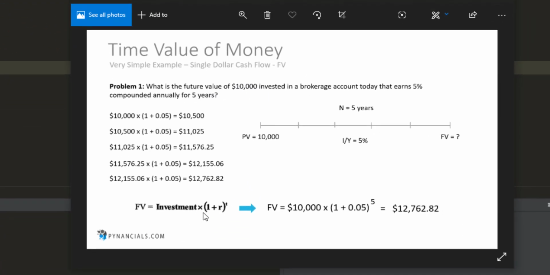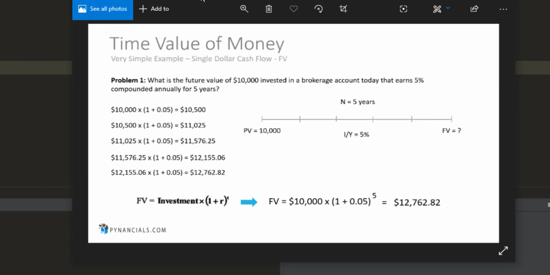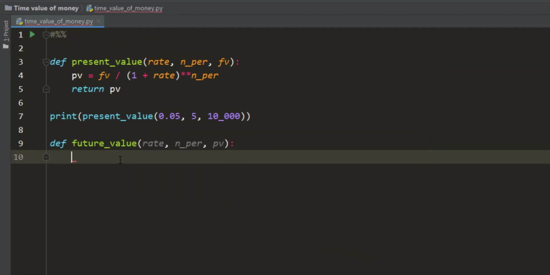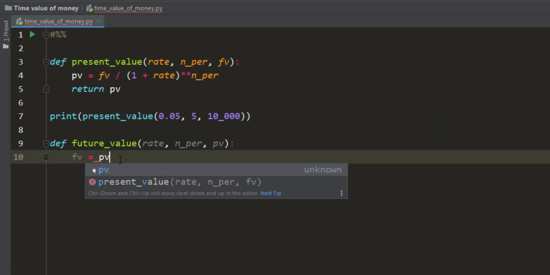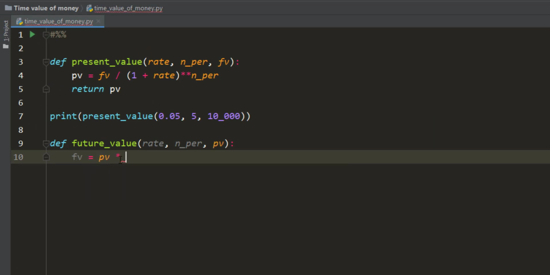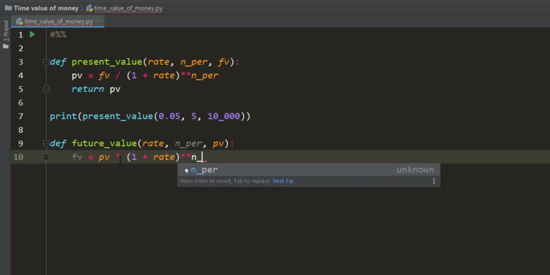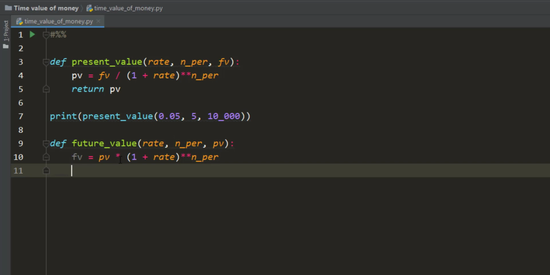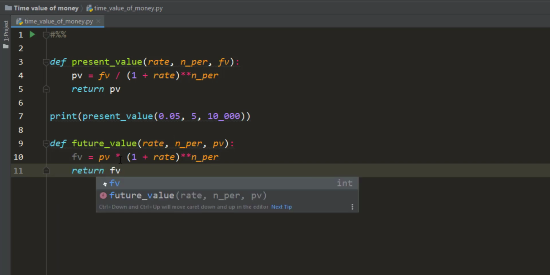This is our formula here, and let's just write this formula in our function. So we do FV equals PV times 1 plus rate to the power of number of period, and then return FV. That's it.